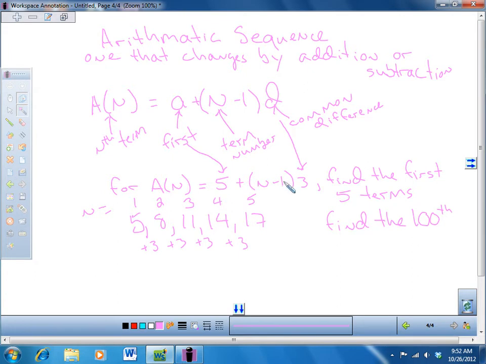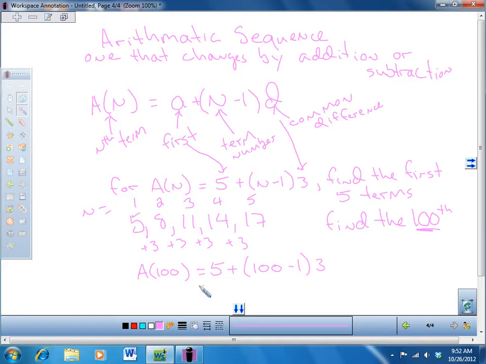So to find this term, that would be A of 100. Okay, this is called function notation. A of 100 equals 5 plus n minus 1. Well, in this case, n is 100. So I'm going to plug in 100 for n, minus 1 times 3.